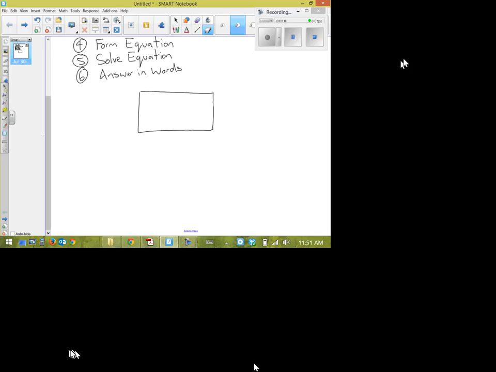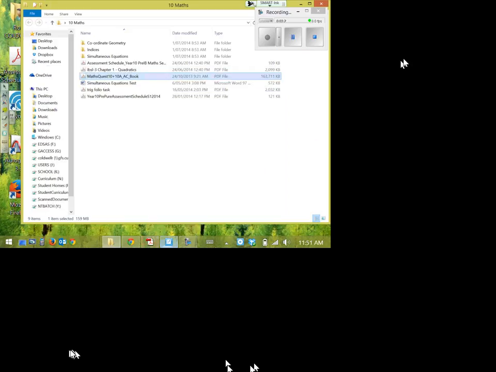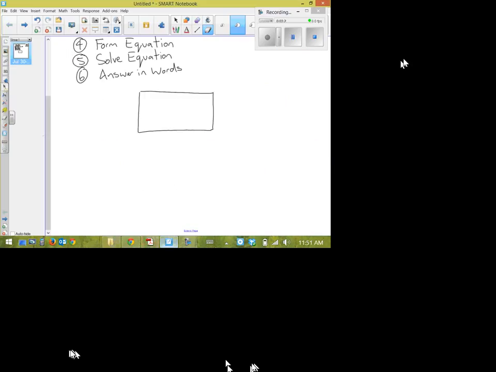If we go back to the question quickly to get the information, we know that the length is 2 more than the width, and we need to find the length and the width. So going back to our diagram, we now need to assign our pronumerals. We don't want to use a different letter for the length and the width because it's going to make it much harder to solve.